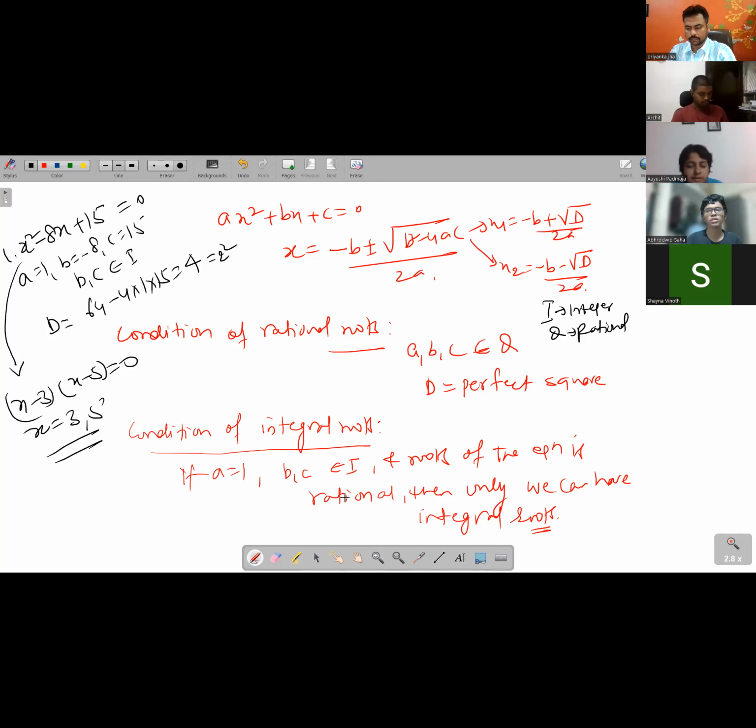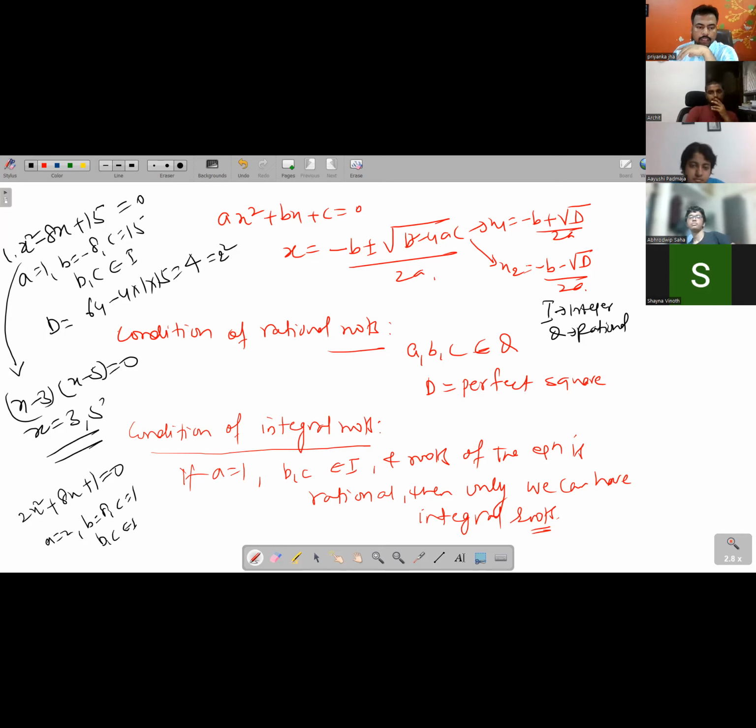Sir, in this condition of integral roots, is it necessary for a to be 1? Yes. So what about the equation 2x square plus 8x plus 1? See, your a is 2, b is 8, and c is 1.